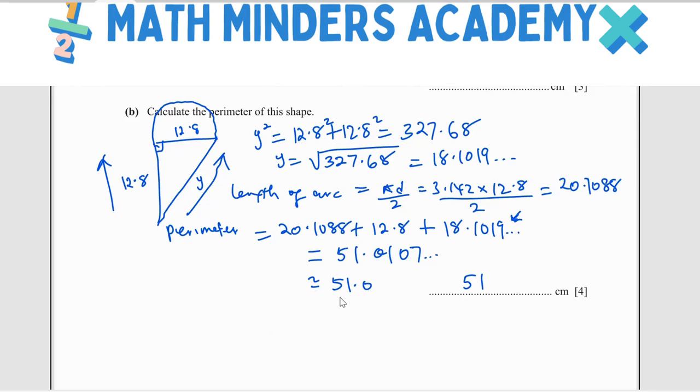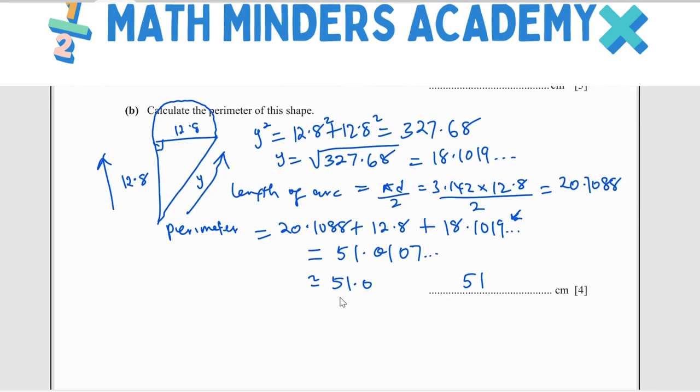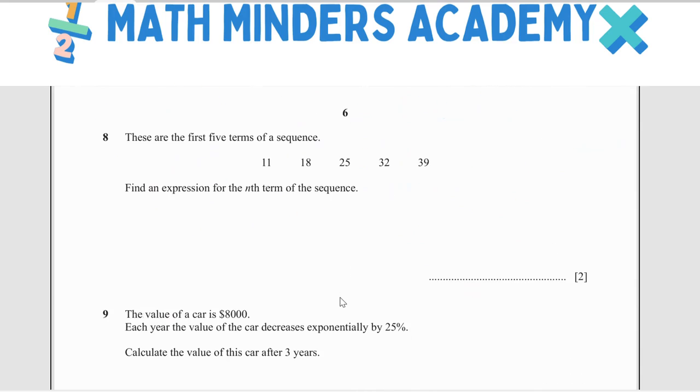We'll proceed now to question number 8. Question 8: these are the first 5 terms of a sequence. Find an expression for the nth term of the sequence. So when we look at this sequence, we want to find out what type of sequence it is.